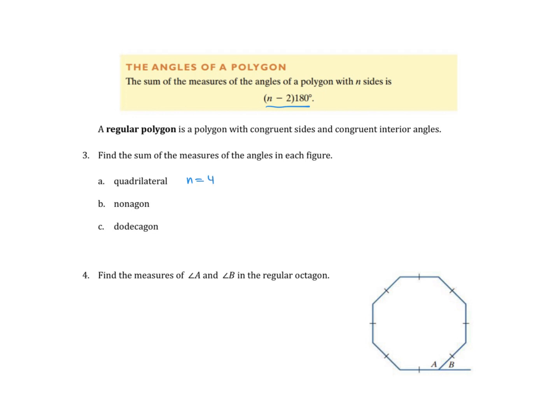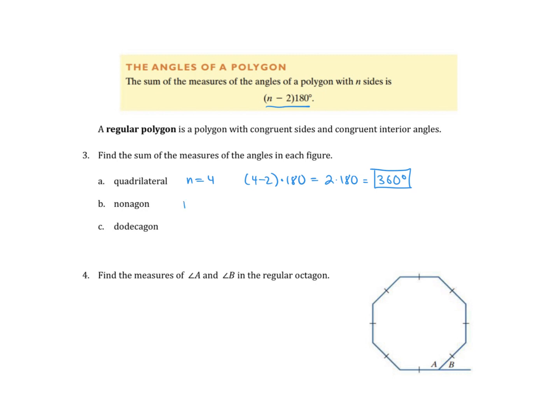So n is equal to 4. Plugging that into the formula, I get 4 minus 2 times 180, which is 2 times 180, which is 360 degrees. So in every quadrilateral, the sum of the angles will be 360 degrees.